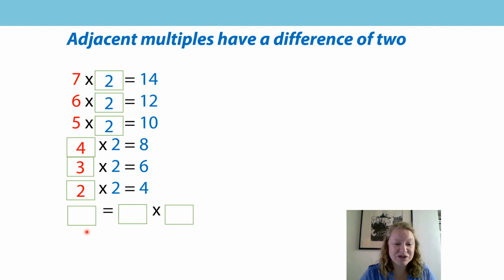So what number do you think is going to appear in that box? 2. You're absolutely right. Our product is 2, which must mean that our number of groups factor is 1. Good. And we're still talking about groups of 2, aren't we? Because we're in our 2 times table. So our other factor must be 2. Well done.